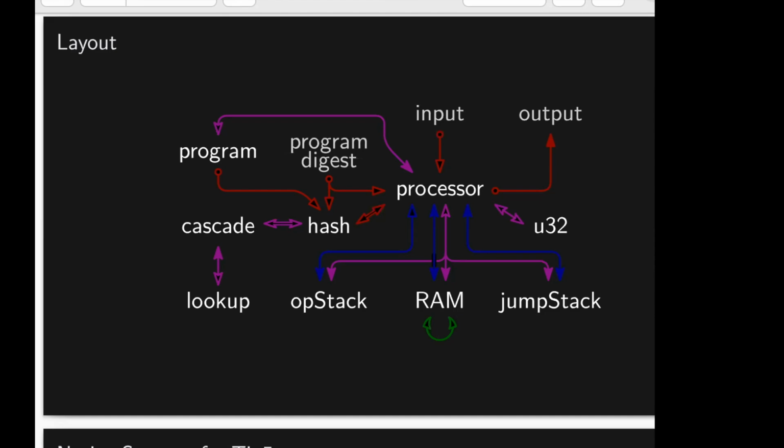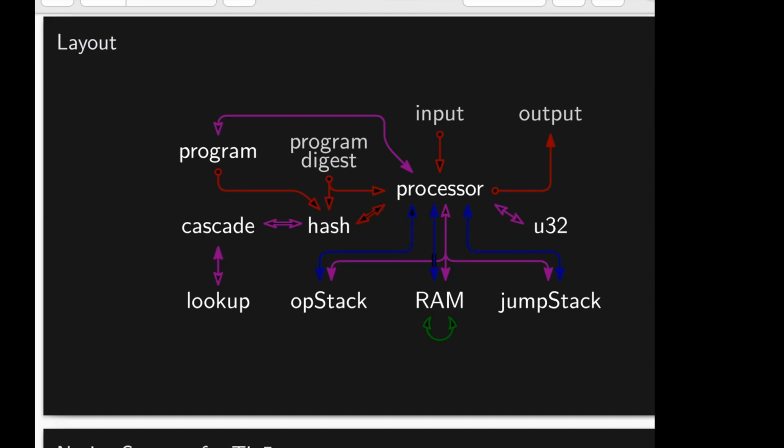And so the program lives in a program table, but then the proof internally needs to verify that the hash that is the second part of the public input actually corresponds to the hash of the program. That's the program digest. And by the way, we have a separate table, a coprocessor for computing hashes. And since we have that table, we're using that table to compute the program digest.